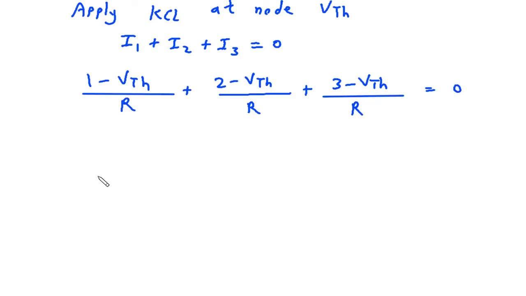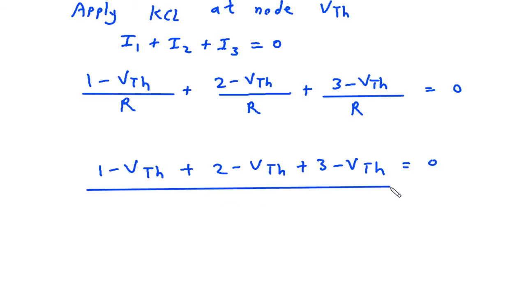So this will be 1 minus VTH plus 2 minus VTH plus 3 minus VTH is equal to 0 divided by R. So R goes to the right side, and this will be 0.